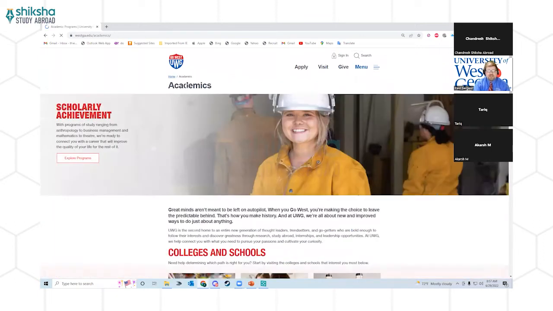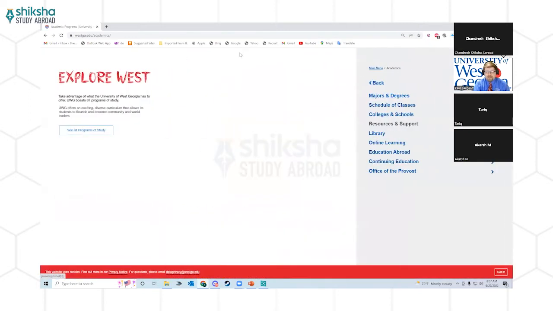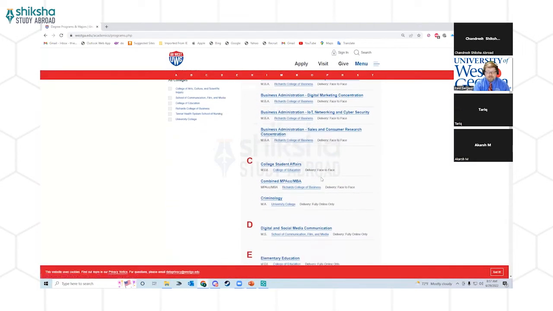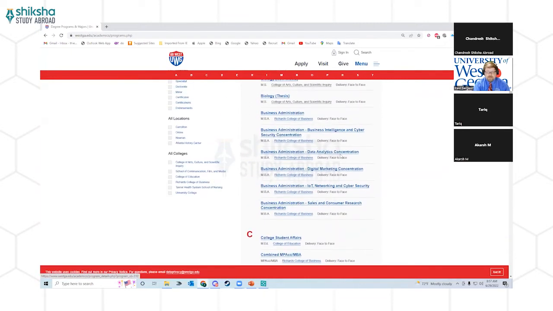However, if you are interested in cybersecurity, one thing I could suggest looking at is our master's degrees in business administration. We do offer business intelligence and cybersecurity in the MBA program. It is primarily a business focused degree, but with a bit of business intelligence and cybersecurity built into it, as well as IoT networking cybersecurity, which is a little bit more computing and networking focused as opposed to the business intelligence focus.